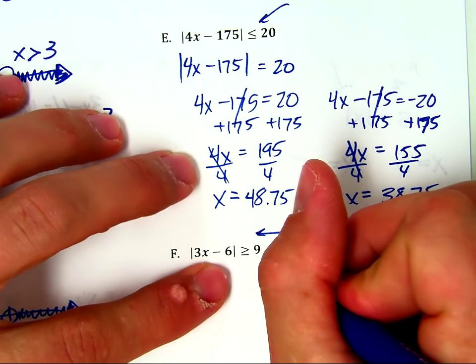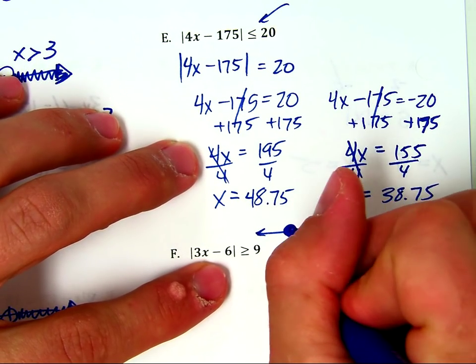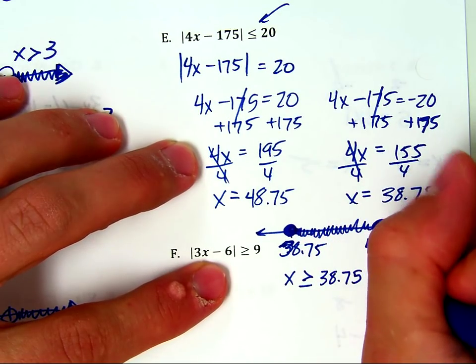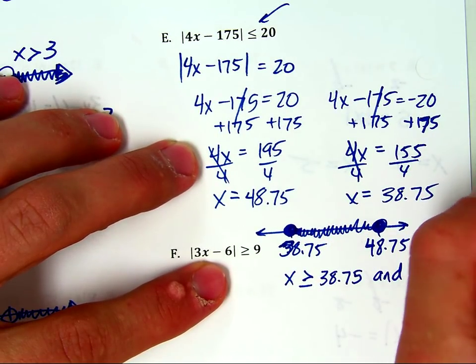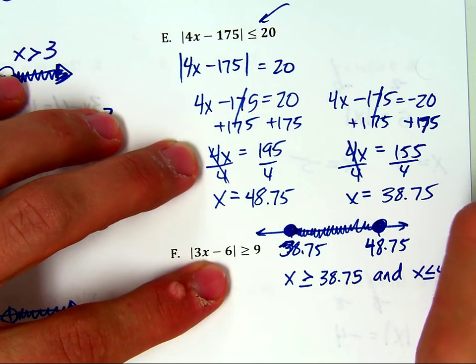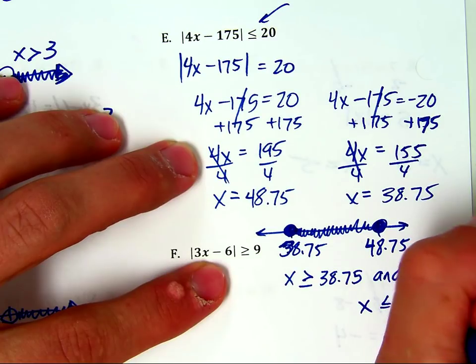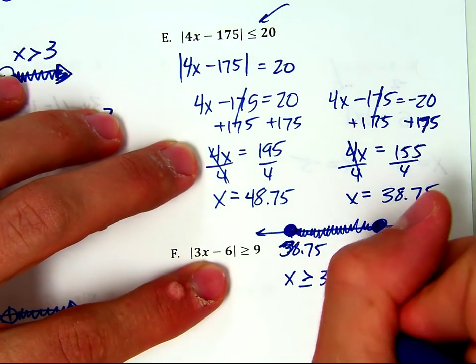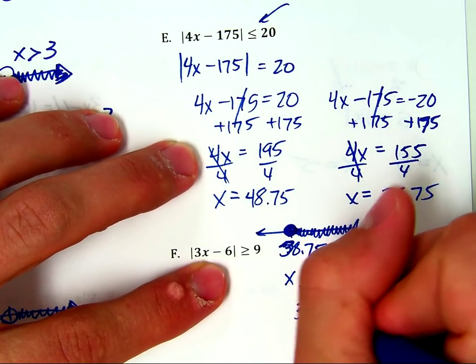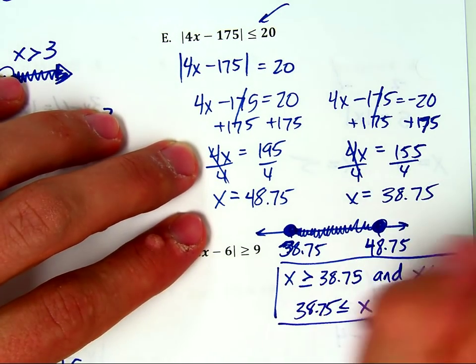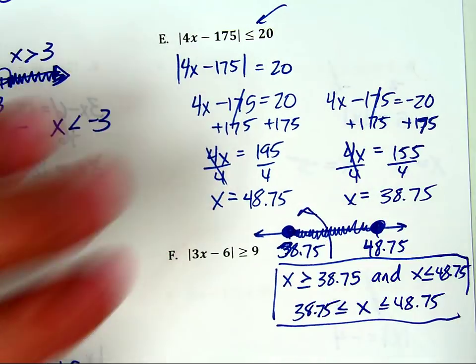So I can say x is greater than or equal to 38.75, and x is less than or equal to 48.75. Or we can also write our answer as x is less than or equal to 48.75 and greater than or equal to 38.75. Either one of these you can write your answer as.